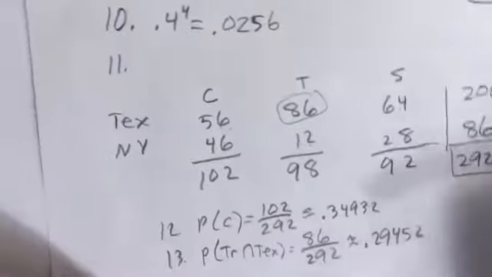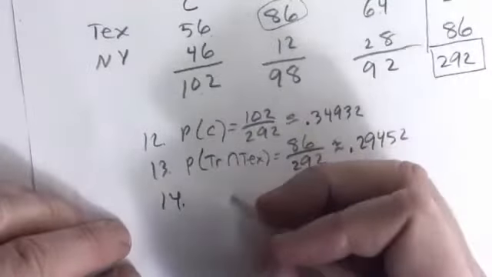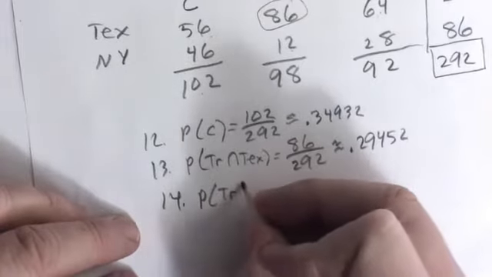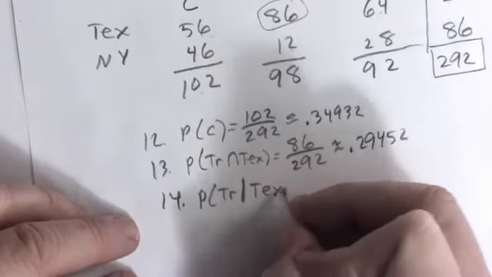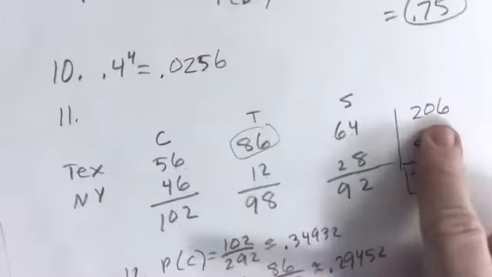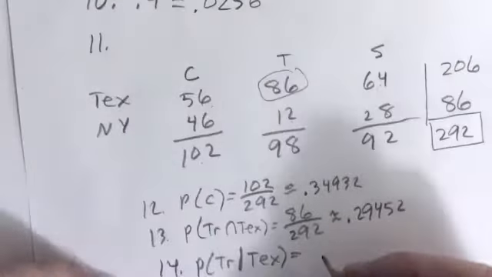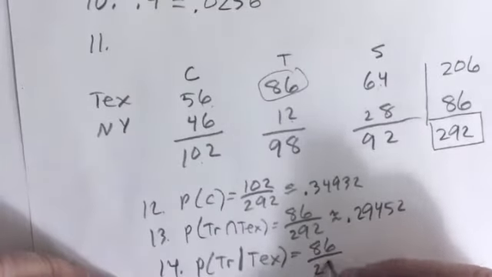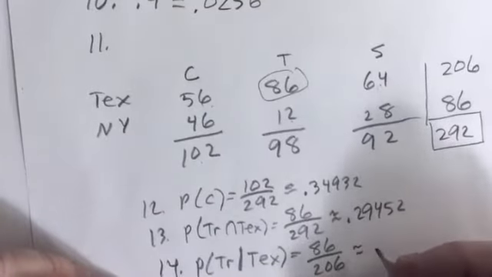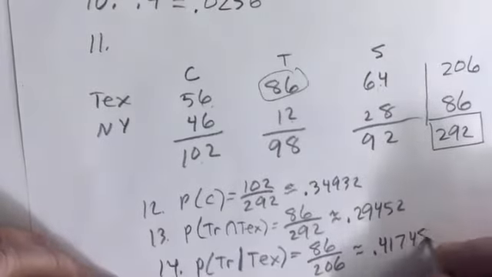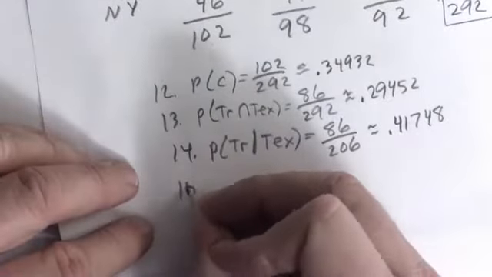And so the notation there, 14, they both start with T. So it's the probability that it's a truck given that it's from Texas. So it'd be 86 out of 206. And so that is approximately equal to 0.41748.